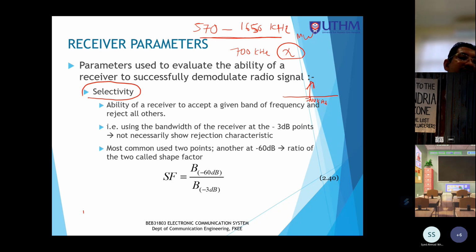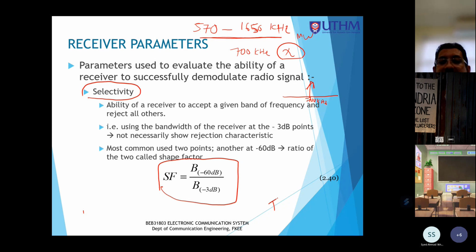Salah satunya adalah selectivity, iaitu ability of the receiver to accept the given band of frequency and reject the others. Ini adalah kebolehan receiver untuk memilih frekuensi yang diinginkan dan membuang frekuensi yang tidak diinginkan. Selectivity ini kita boleh lihat dalam aspek yang pertama iaitu shape factor.